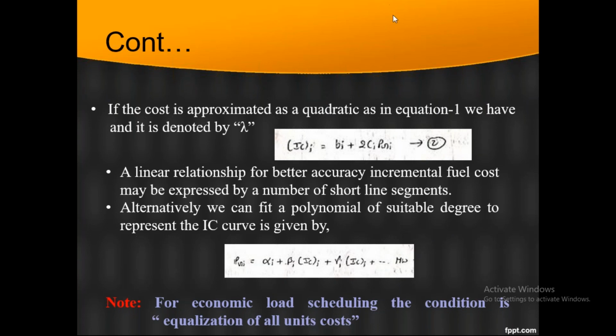Suppose there are 2 units in the power plant, and the incremental costs of unit 1 and unit 2 are lambda 1 and lambda 2, obtained from cost equation 1 and equation 2. For obtaining the economical load scheduling, we have to equate lambda 1 and lambda 2. Then only we can obtain the economical load scheduling. So this is about the different characteristics and performance used to obtain the load scheduling of a power plant.